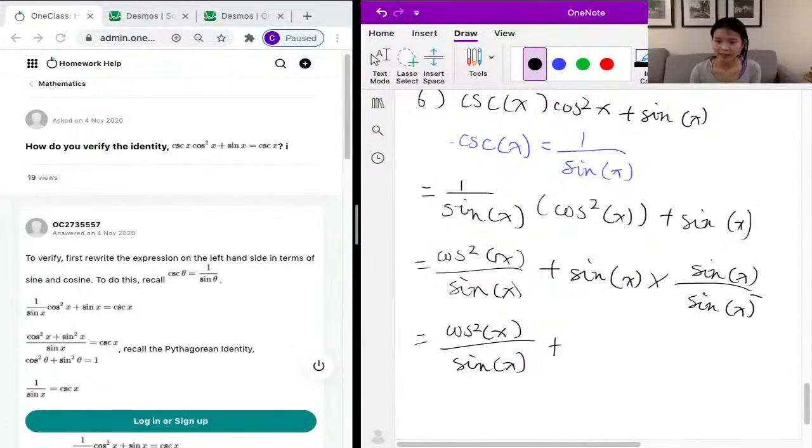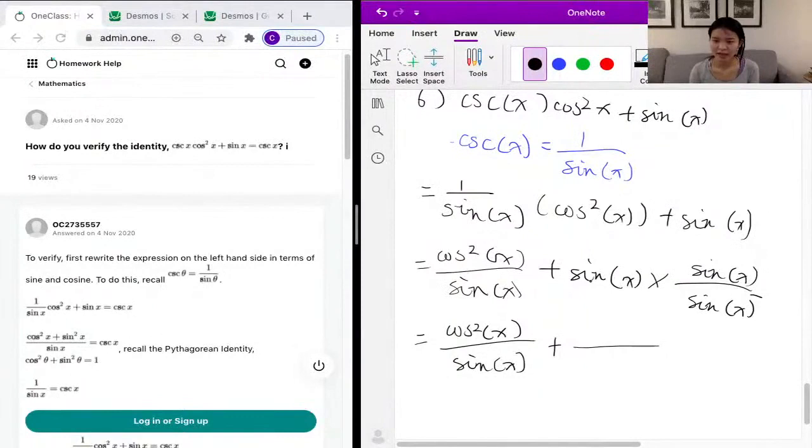This way, the value of sin x hasn't changed, and also we know that sin x over sin x is just 1, because a number over itself is equal to 1. So let's do this here. We have sin x times sin x over sin x.